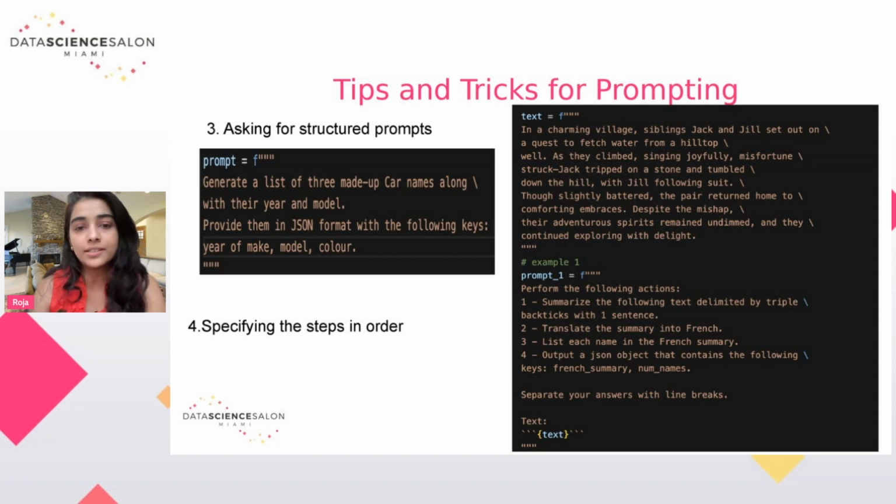Summarize the following text delimited by triple backticks. That is one thing. I'm asking it to translate it to a different language, and also I'm asking to generate the output in a JSON object, or in a JSON format. So I am asking the model to perform step-by-step actions of what needs to be done. These are certain ways that you can use prompts to interact with your models.